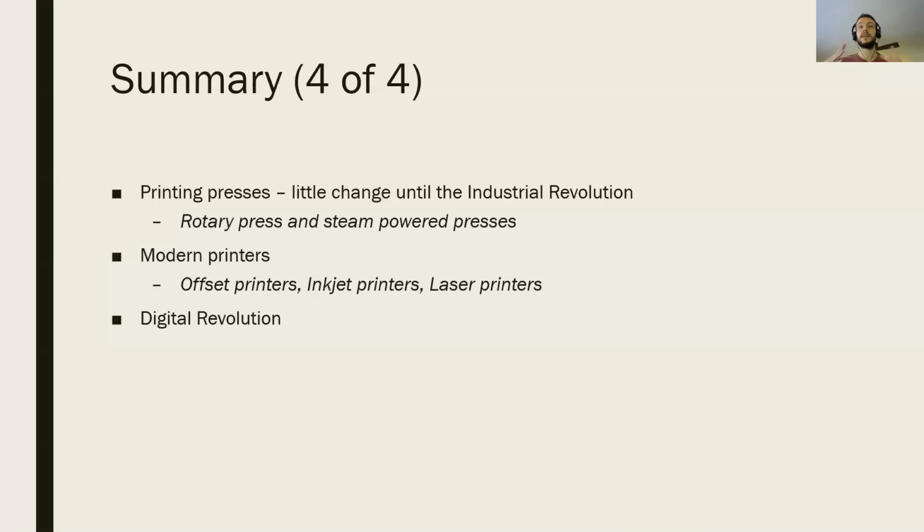Now, of course, printing is not used as widely as it was in the recent past. A lot of the printed text has been replaced with digital text. So printing is trending towards becoming an obsolete technology.